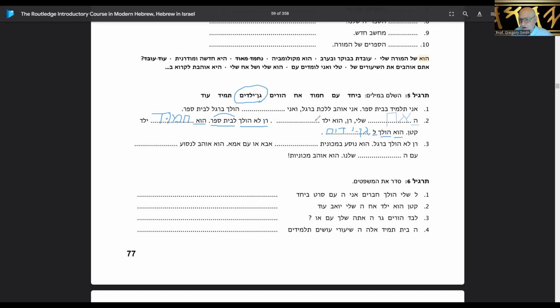He is a kindergarten child? That seems redundant, doesn't it? Okay, so actually Ron, hu Yeled, he is a child what? I wonder if it's a small child, Tamid Od. How about this?